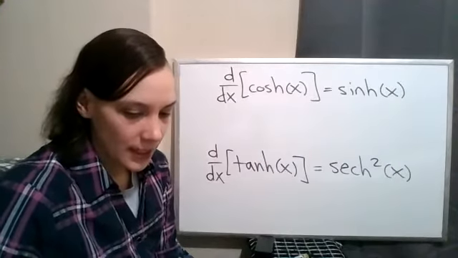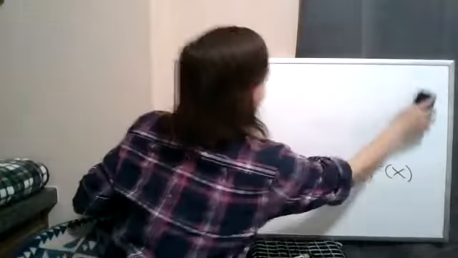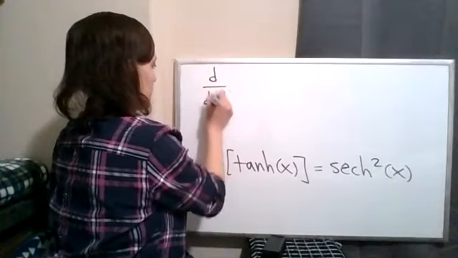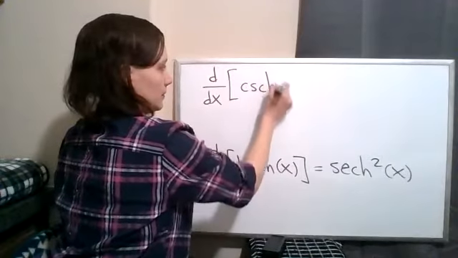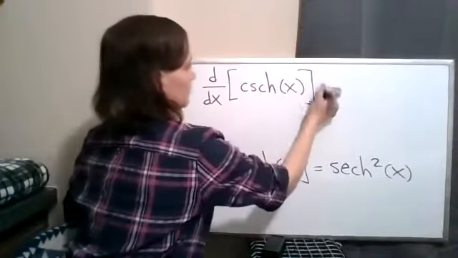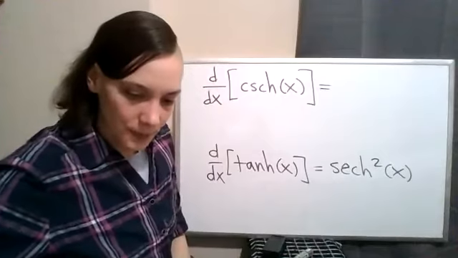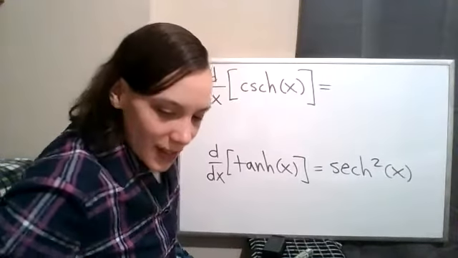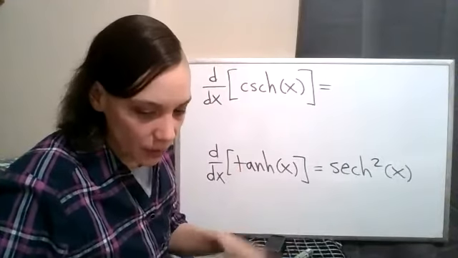The next derivative is hyperbolic cosecant. This one is negative hyperbolic cosecant times hyperbolic cotangent.